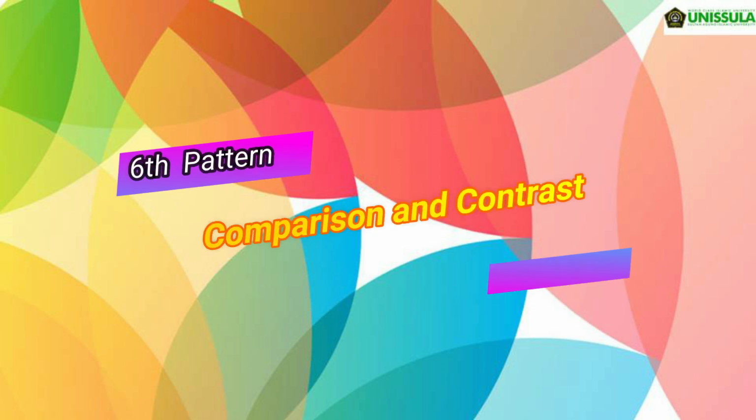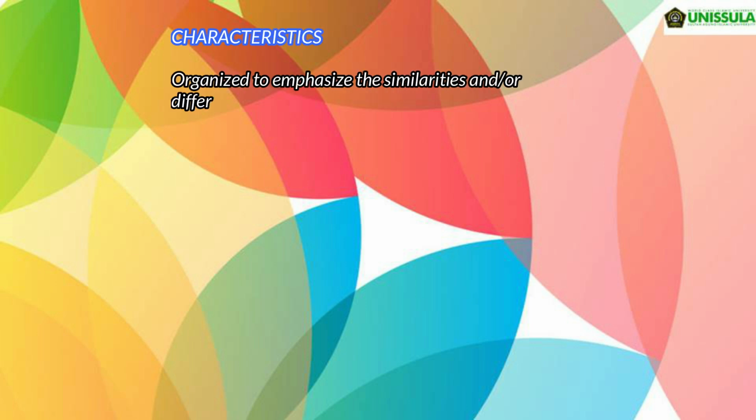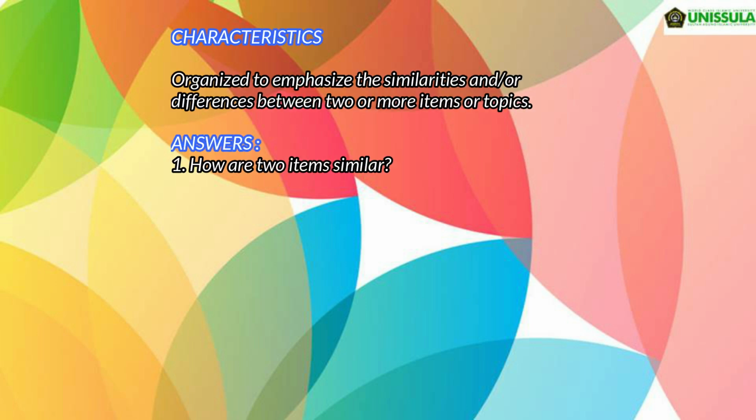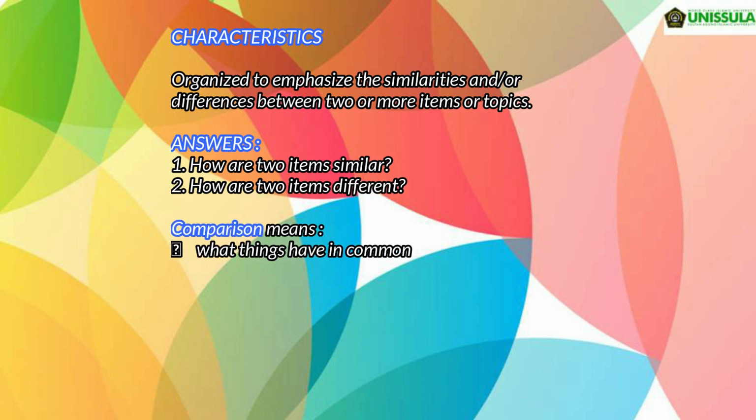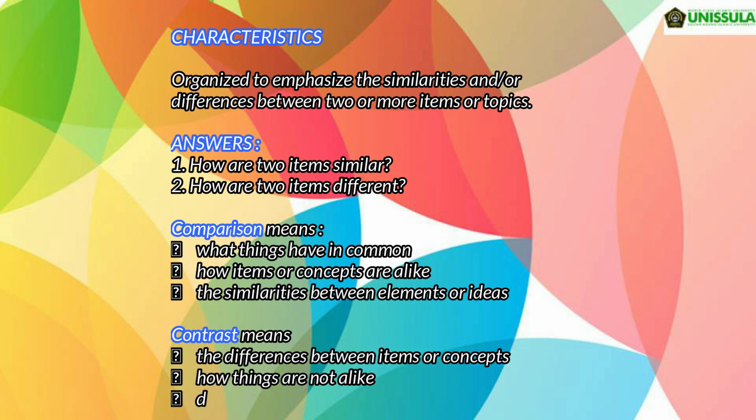And then next is the comparison and contrast pattern of organization. In this pattern, we have different meanings for comparison and contrast. This pattern of organization is organized to emphasize the similarities or differences between two or more items or topics.